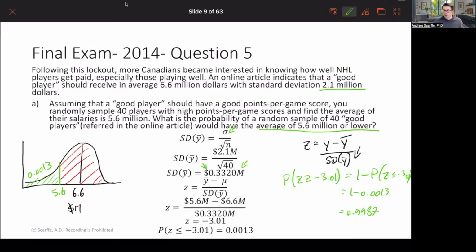So that is the probability that it's greater than in that case. But of course, the question is asking us, what is the probability that it's $5.6 million or lower? So this would be our final answer right here.